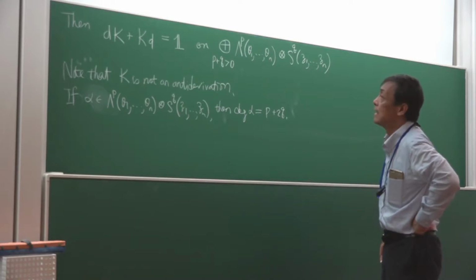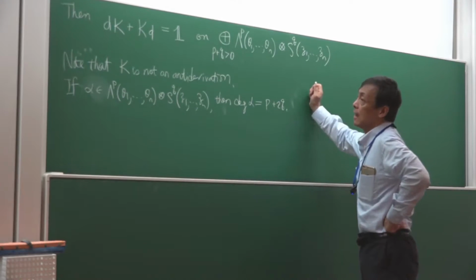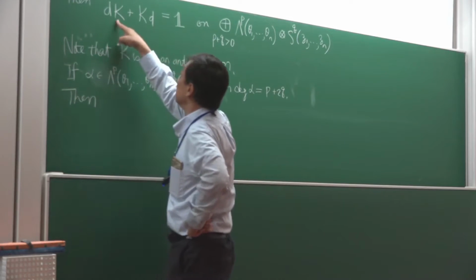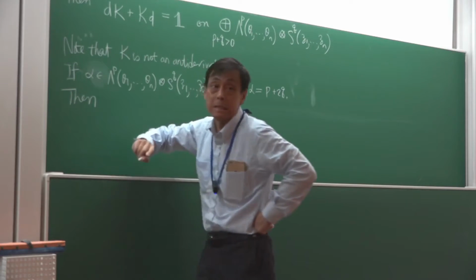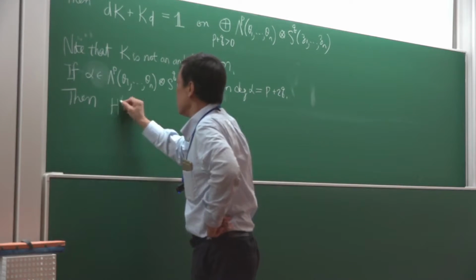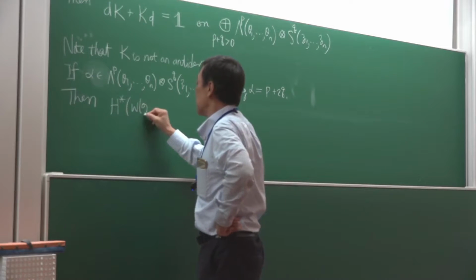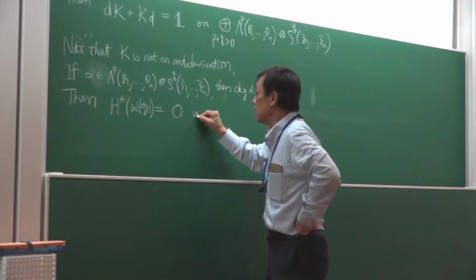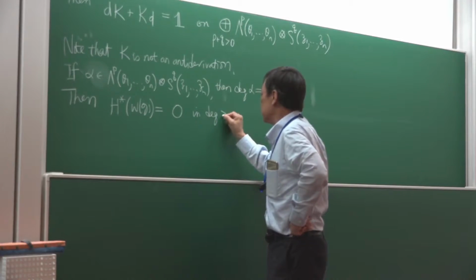And so because you have dk plus kd is the identity when the degree is positive, the cohomology of the Weil algebra will be 0 in positive degree.